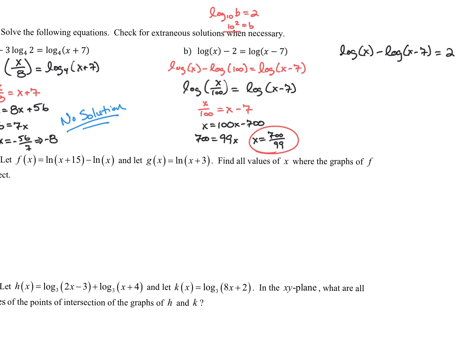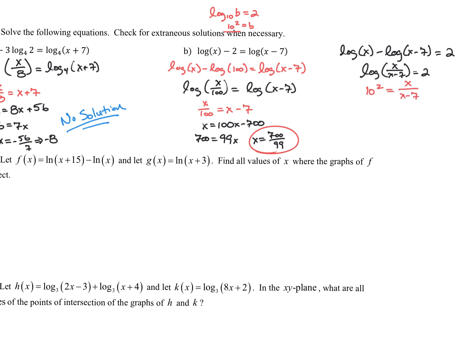And so then on the left side, what do we do? Division. We divide. And so now we'd end up with log of x over x minus 7 is equal to 2. And then how do we solve a log? A to the c equals b. And so now I'd have 10 to the power of 2, which is equal to x over x minus 7.